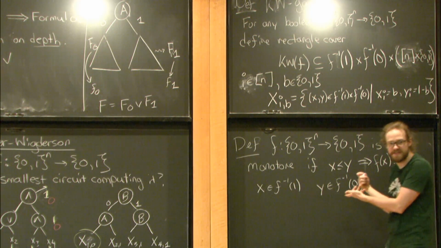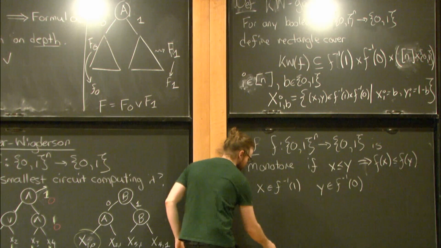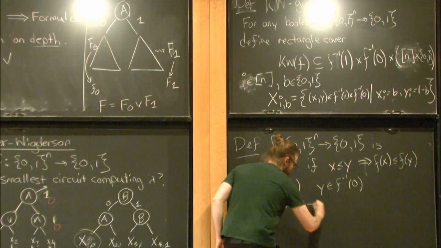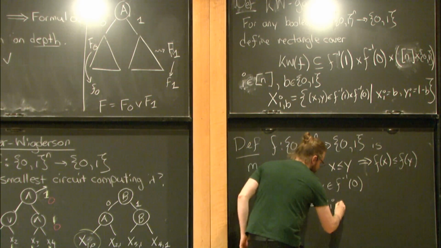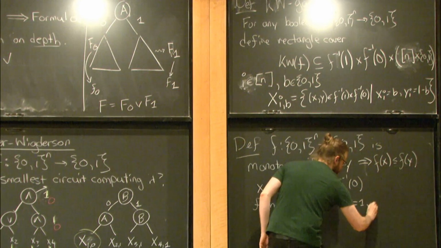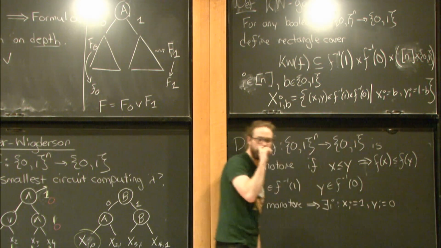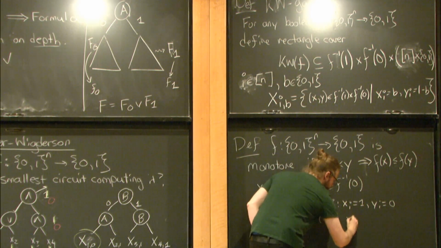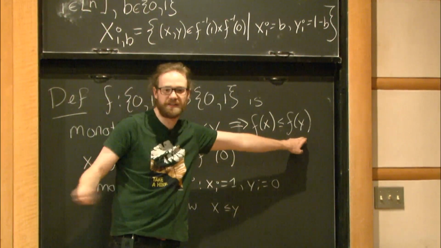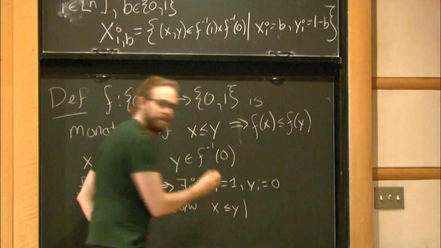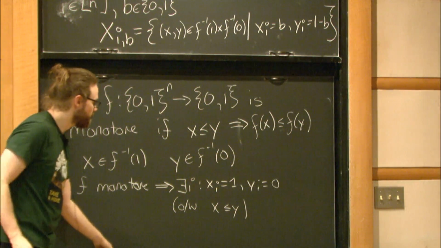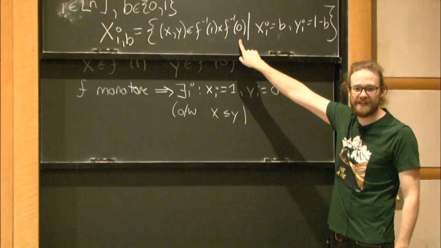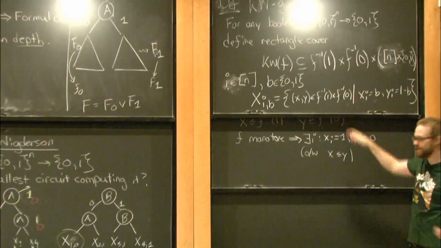Does that make sense? So if f is monotone, then there is an i such that x_i is 1 and y_i is 0, because otherwise x is less than y, and by monotonicity we would get that y is a 1. So this suggests that we can actually remove some of these rectangles and still get a rectangle cover, right?